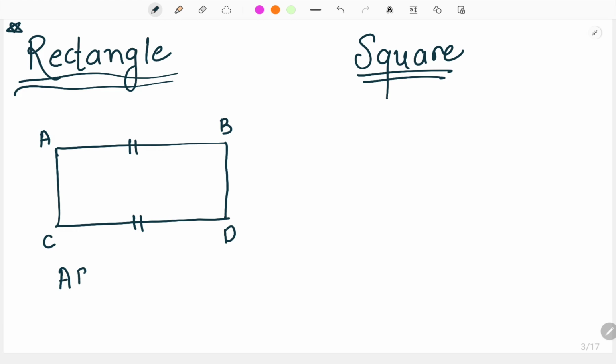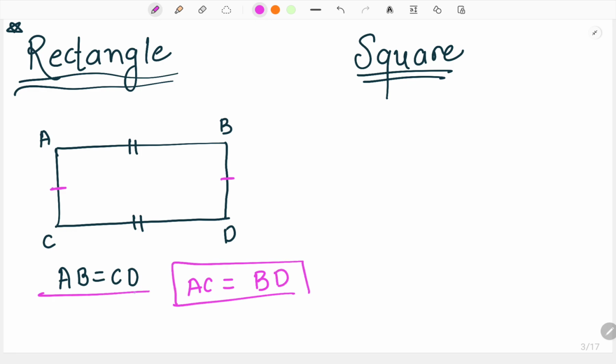So side AB is equal to side CD. Next, side AC is equal to side BD. Also, there are four angles which are right angles, that is, 90-degree angles.